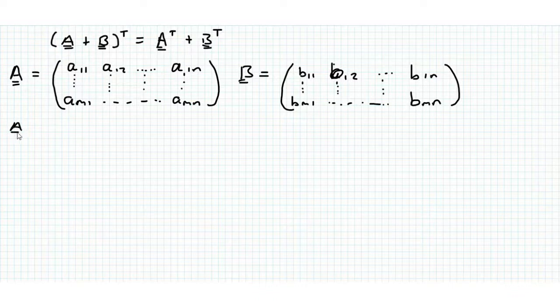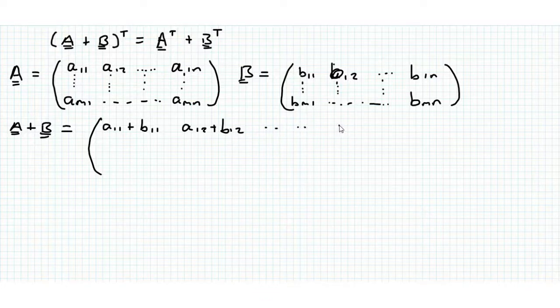Right, so now we've got A and B, we can write out what A plus B is. For matrices, we just add up the corresponding elements, so we get A11 plus B11, A12 plus B12, all the other additions up to A1n plus B1n.